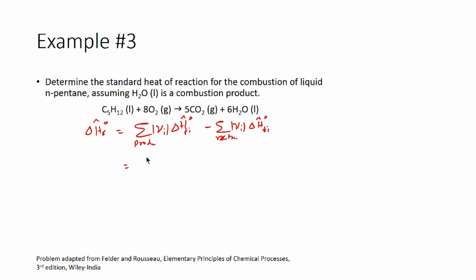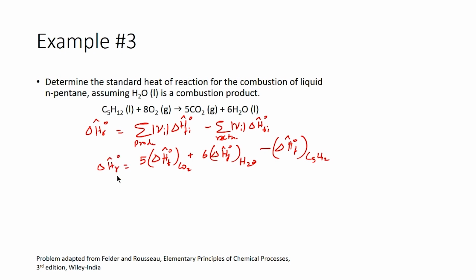So, the stoichiometric coefficients are 5 times delta HF cap of carbon dioxide plus 6 times delta HF cap of water liquid, and on the reactant side you only have pentane, which is a compound. Oxygen is an element and we do not have to worry about that because the heat of formation for oxygen would be 0, and this would be 1 times delta HF cap of pentane. So, once we have the heat of formation for these things, we can actually calculate the heat of reaction.